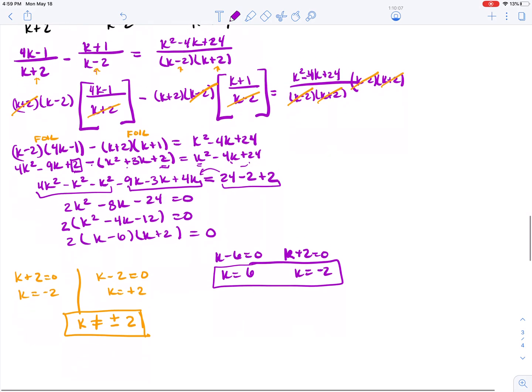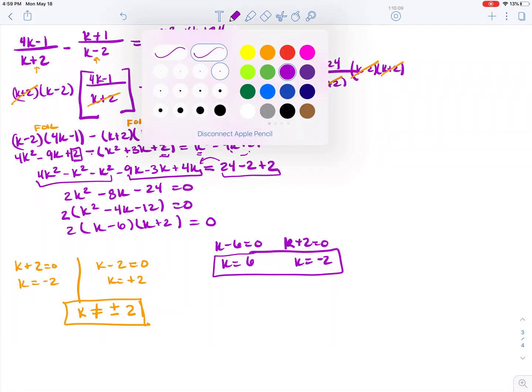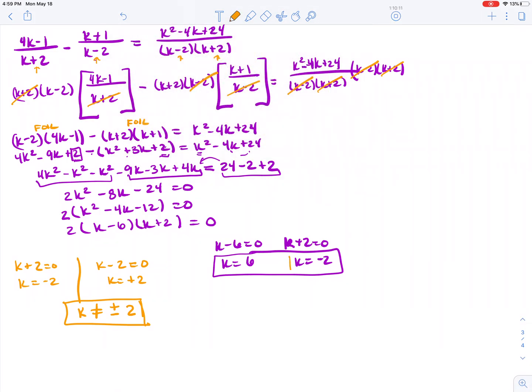Well, I know right off the bat that I have something that looks familiar. K minus 2, well, that's one of my non-permissible values here. So this right away is extraneous, because k cannot equal negative 2.